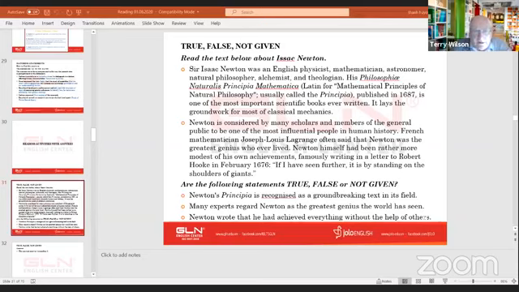So here we need to highlight many experts and as the greatest genius. And finally, Newton wrote he had achieved everything without the help of others. So here we need to underline achieved everything.